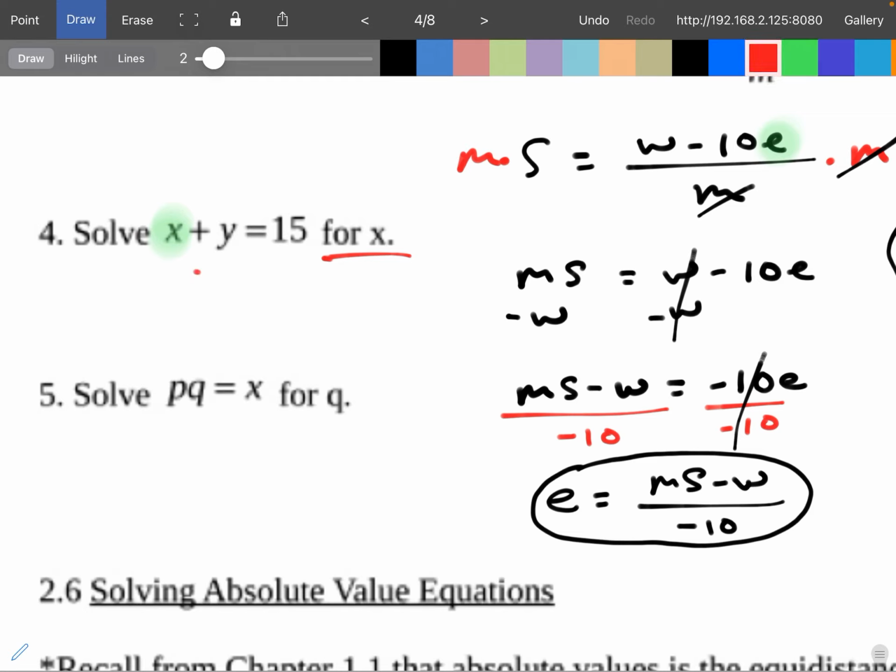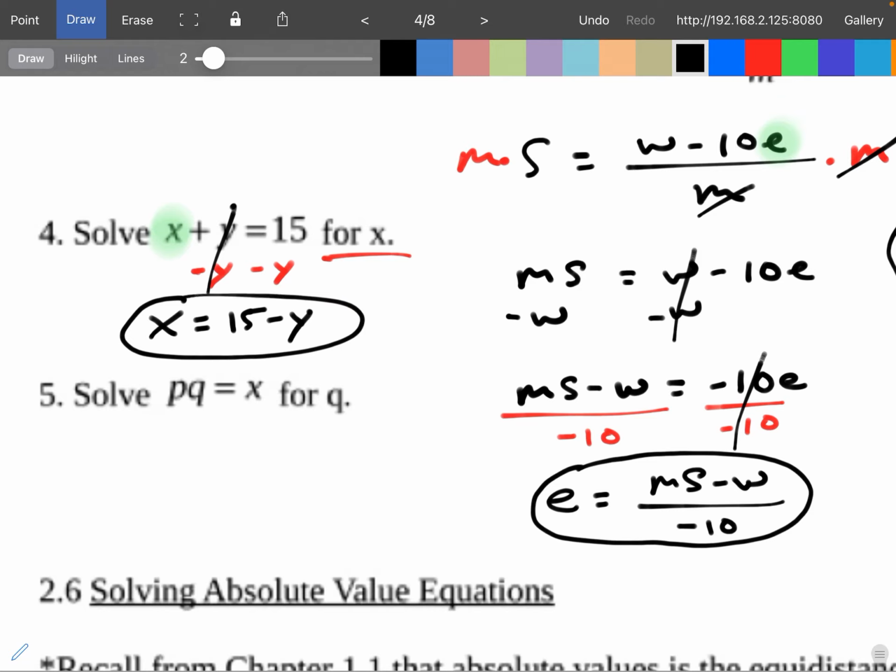So this one's a lot quicker than the last one. If we do that, on the left-hand side now we'll have just x. These will cancel out and make 0. So the right-hand side now is just 15 minus y. And that's it.